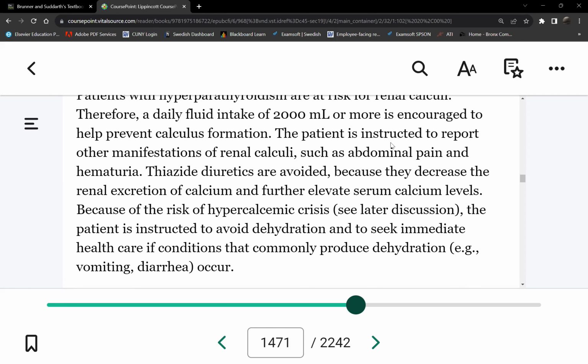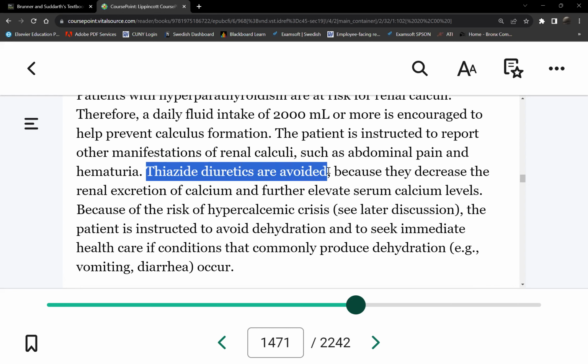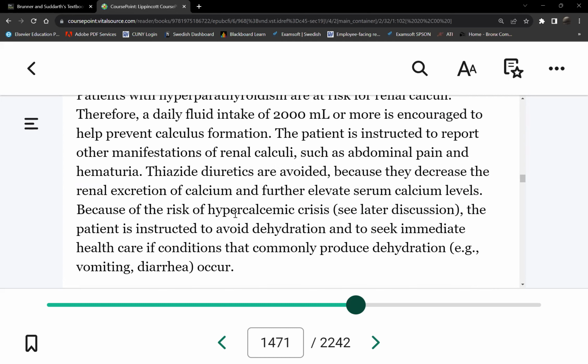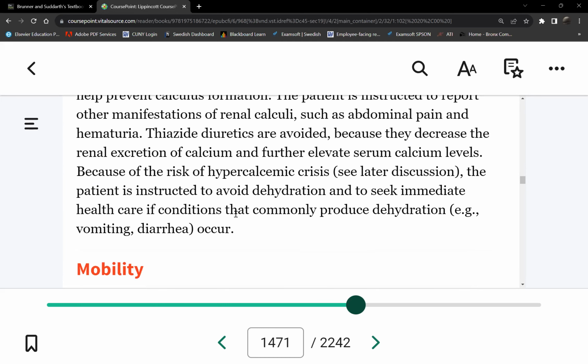However, not all kinds of diuretics are used. What does it say here? Thiazide diuretics are avoided. Why? They will actually increase calcium because thiazides preserve calcium in the kidneys. So what can we use? Loop diuretics can be used. So not thiazide.